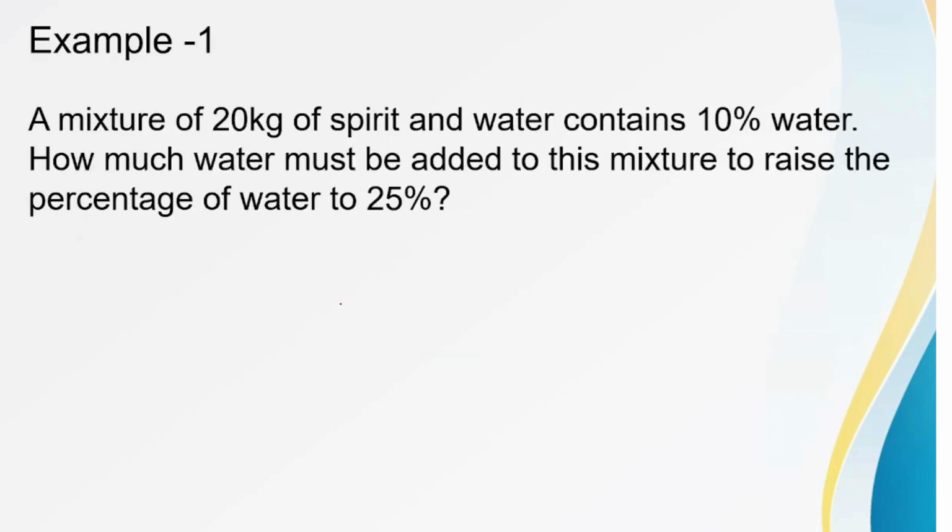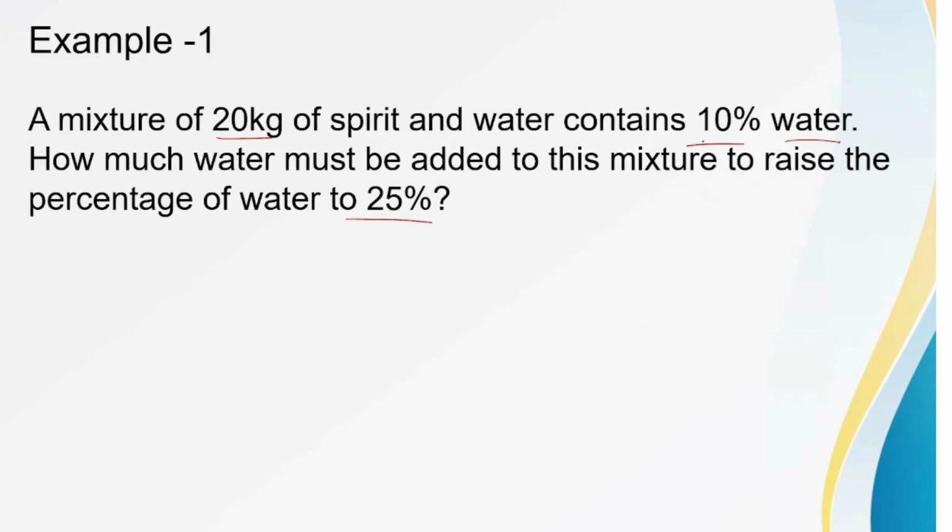Now we understand this concept with the help of an example. A mixture of 20 kgs has spirit and water, containing 10% water. How much water must be added to this mixture to raise the percentage of water to 25%?